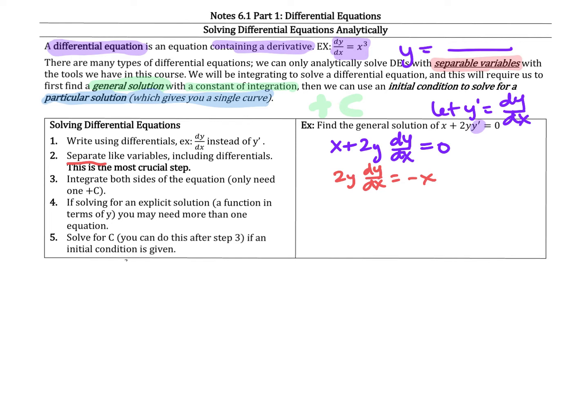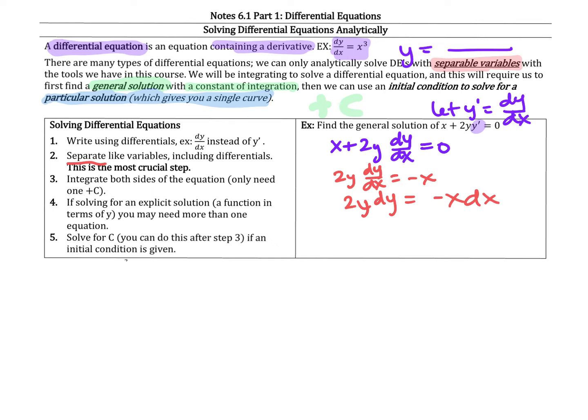If I think about dy/dx like a fraction, what dx is doing on the left-hand side is dividing. So I can multiply both sides by dx so that I have dy and y on the left-hand side of this equation and x and dx on the right-hand side of this equation.